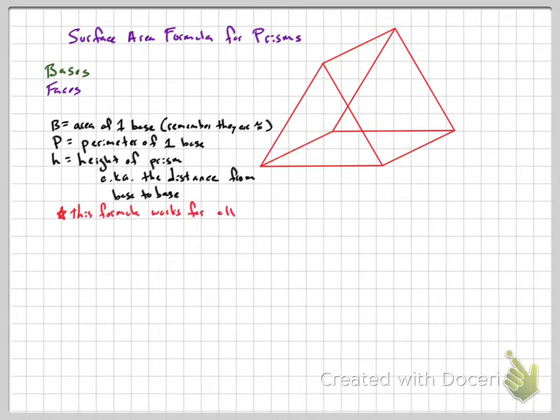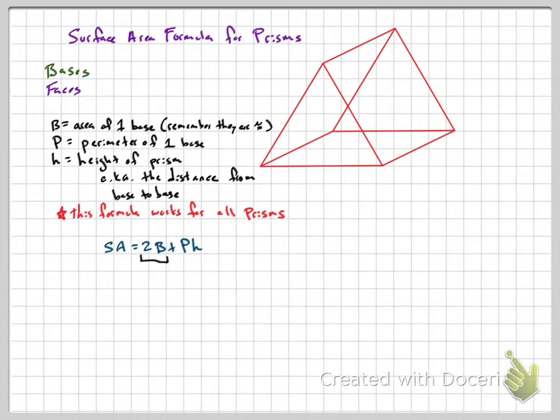This formula works for any type of prism, whether it's a triangular prism, a cube, or an octagonal prism. Our formula is 2B plus PH. Let's think about why this works. It's broken up into 2 parts.